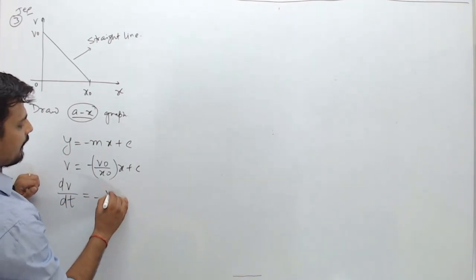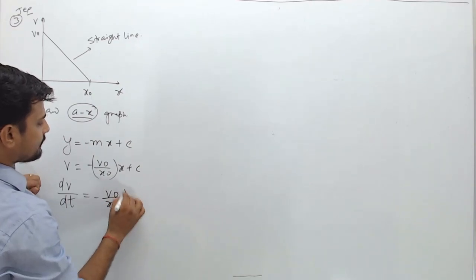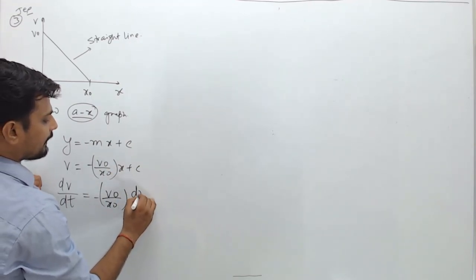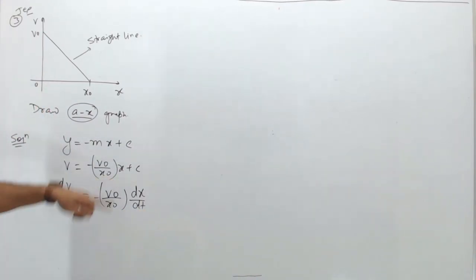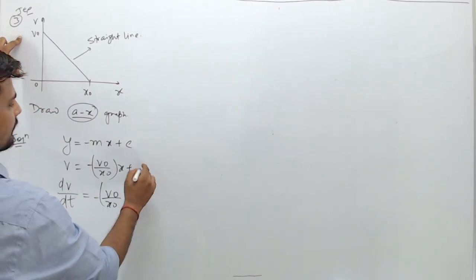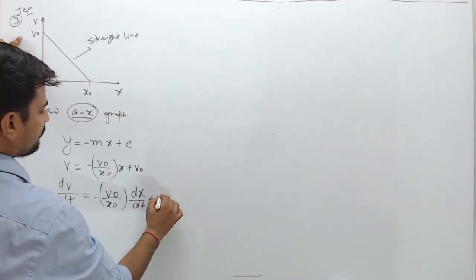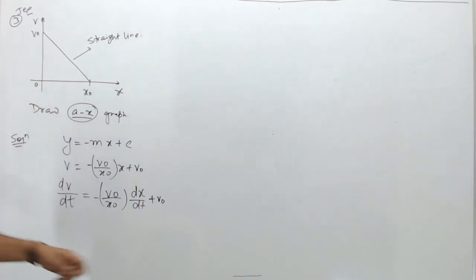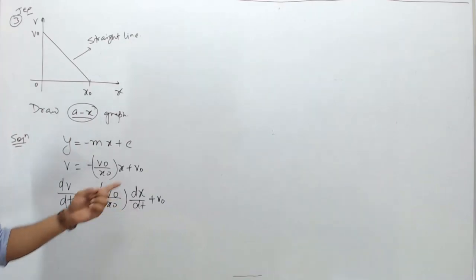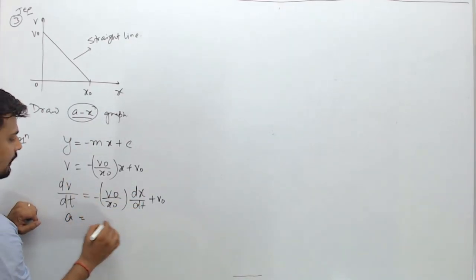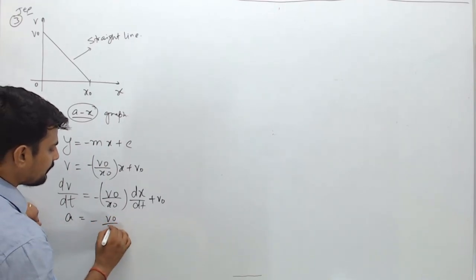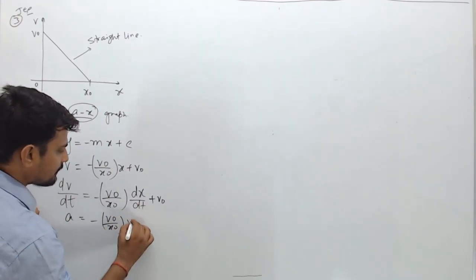So this is going to be minus of v0 upon x0 times dx upon dt. Okay. So what is the constant? The constant has to be v0. Let us put v0 over here. Now if you look at this, dx by dt should be how much? Velocity. So dv upon dt is acceleration, and that's going to be minus of v0 upon x0, and this is going to be your velocity plus v0.